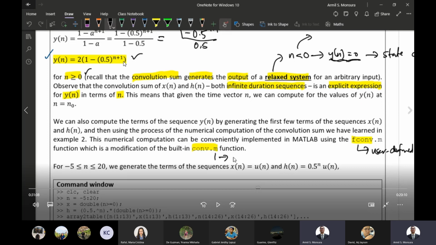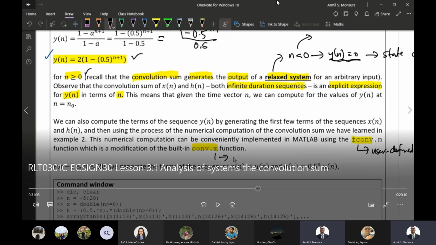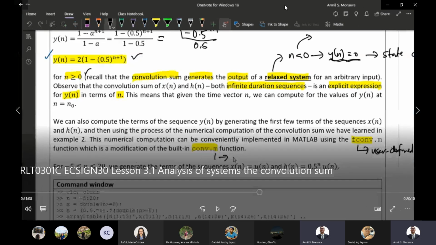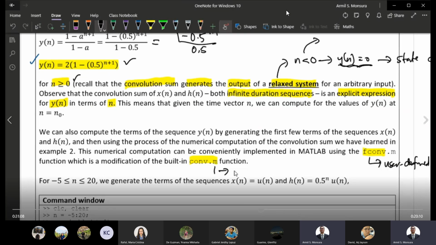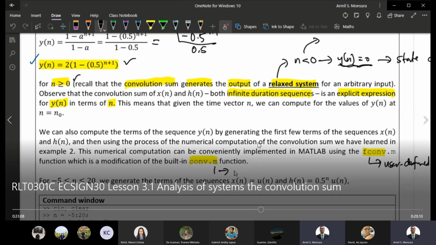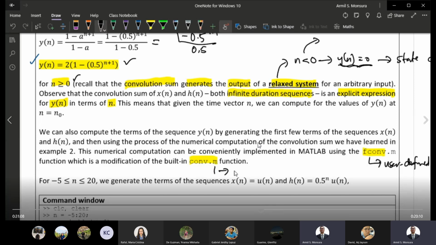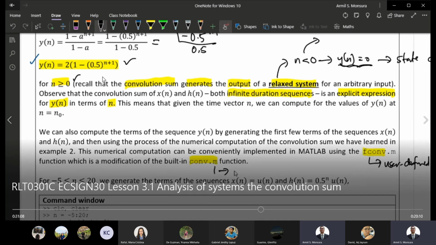Okay? Tapos yung sequences na ma-generate ko doon, i-convolve ko siya using fconv. Okay? Then yung sequence na ma-generate ko using fconv, titingnan ko kung pareho ng values ng sequence na ma-generate pag ginamit ko tong formula na to at yung n, pinalitan ko from -5 to 20.